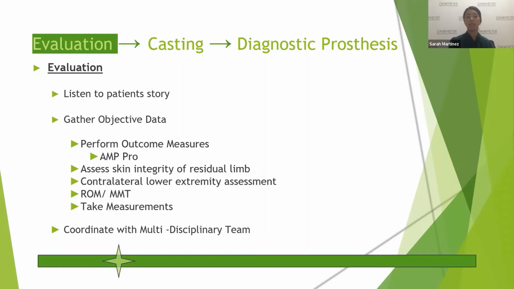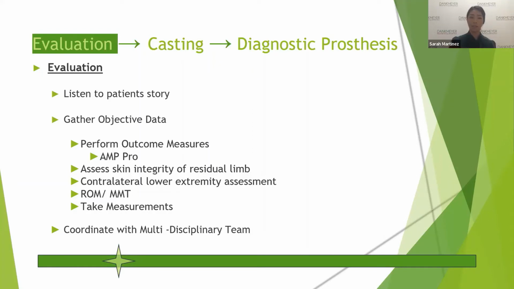We're assessing range of motion and manual muscle testing and taking measurements. Measure twice, cut once, they say. So measurements are always good to have, especially in our field, because patients' volumes are changing a lot. Sometimes they don't change at all, but within the first 18 months or so, we're going to see the most change of the patient's residual limb, from their amputation date to about 18 or so months out.